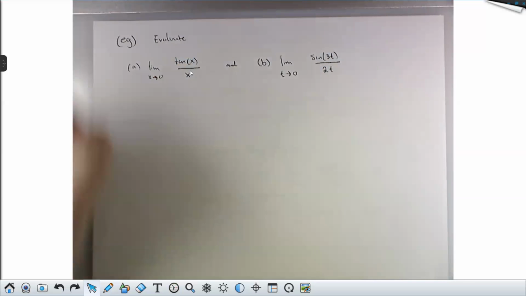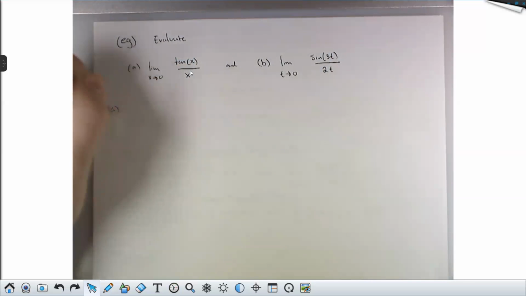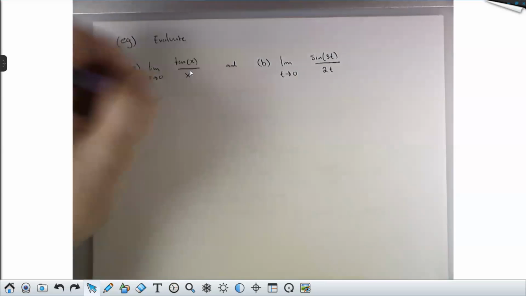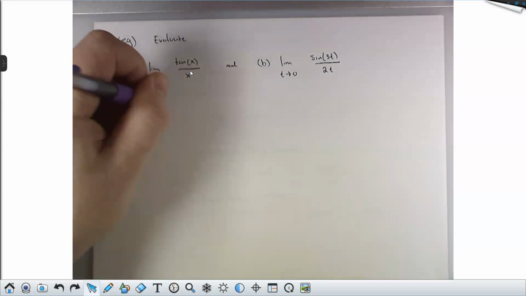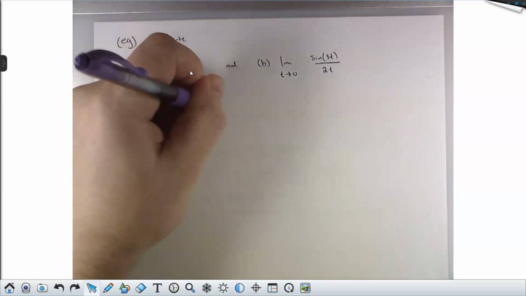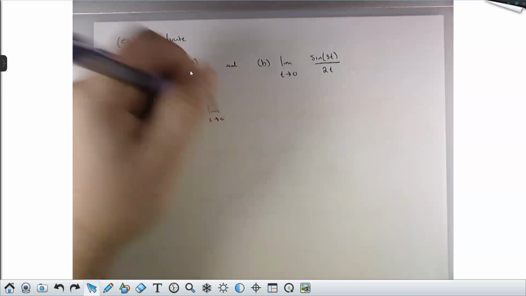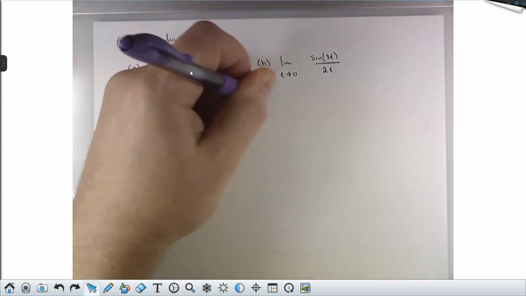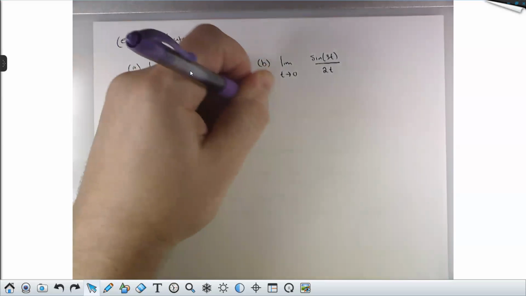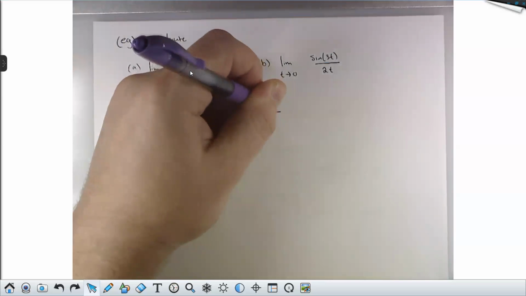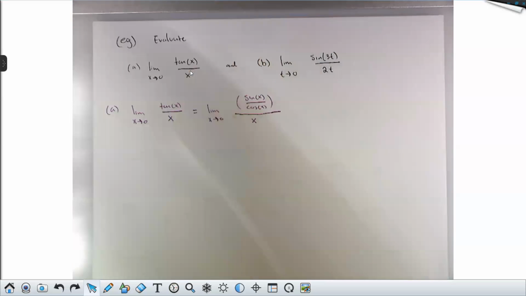What we can do, say for the first guy, is rewrite lim x to 0 tan x over x in terms of sines and cosines. This is lim x to 0 sine x over cos x all divided by x.